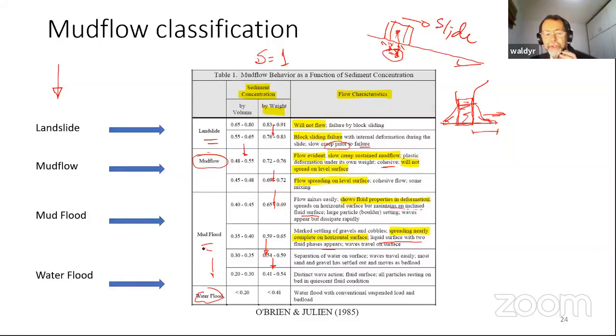And then, of course, you have mud flood, and then something that resembles water. I'm sorry to take so long to explain this, but this is very important to classify your mud flow in order to understand the problem completely. So these are terms we're going to use in this presentation.